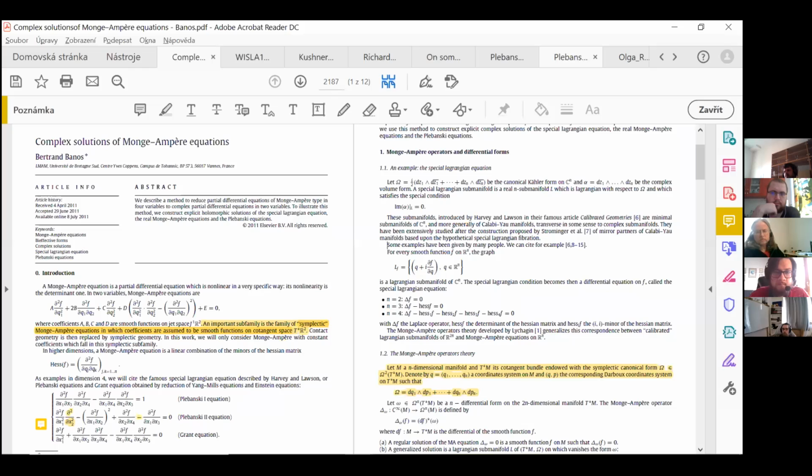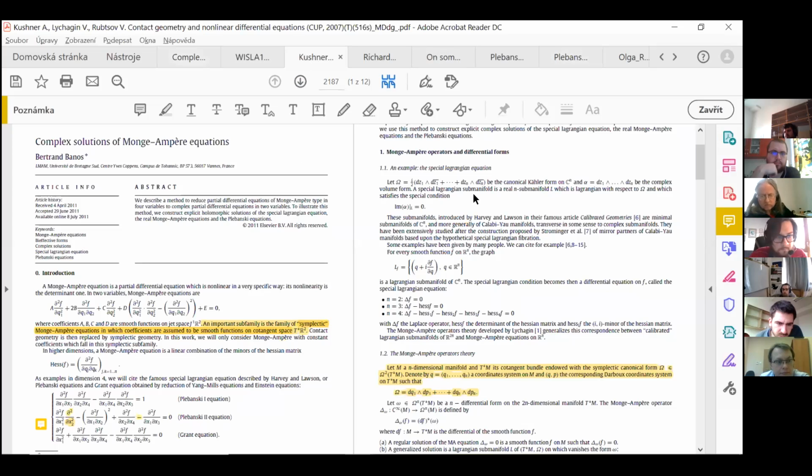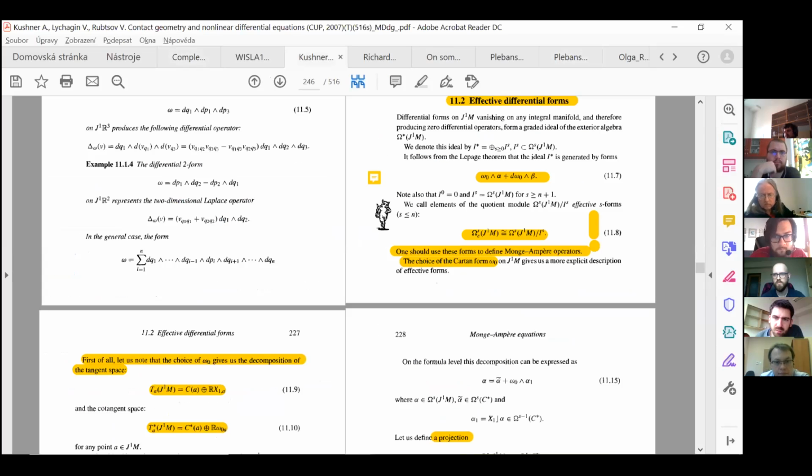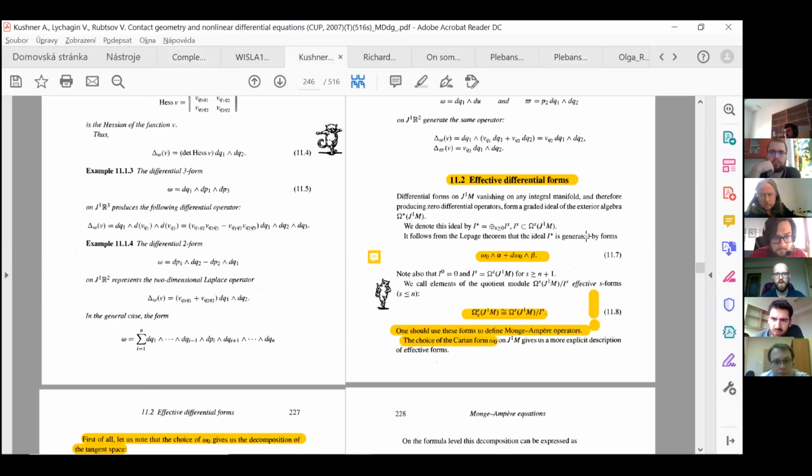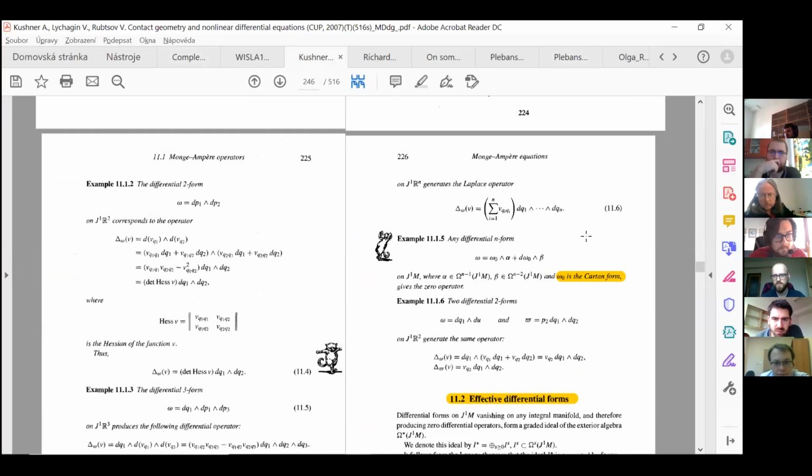So in the book that Standa. So first, let me share. So Standa is speaking about this book, but I don't think it's in this book.